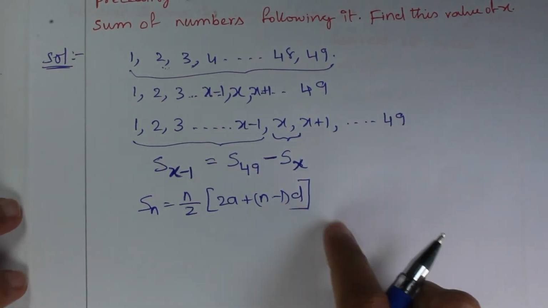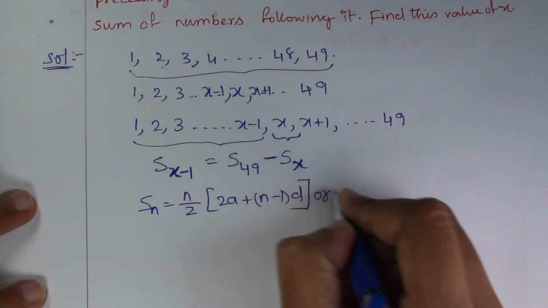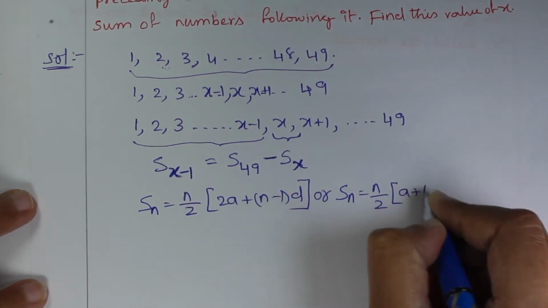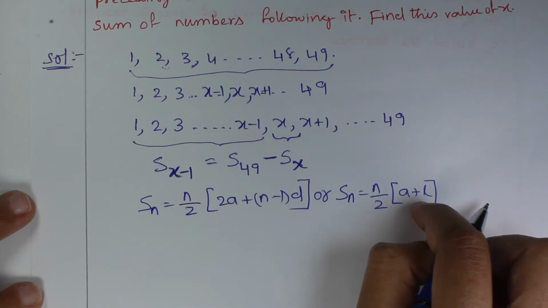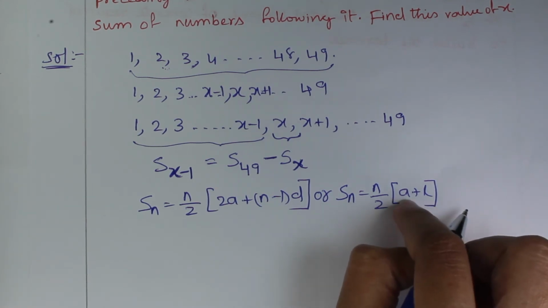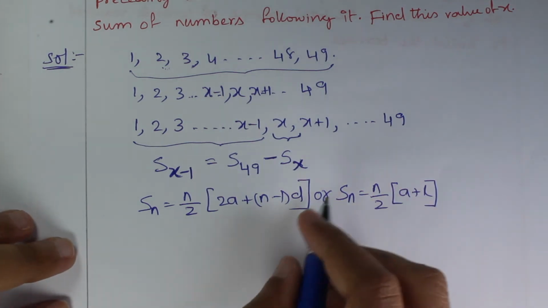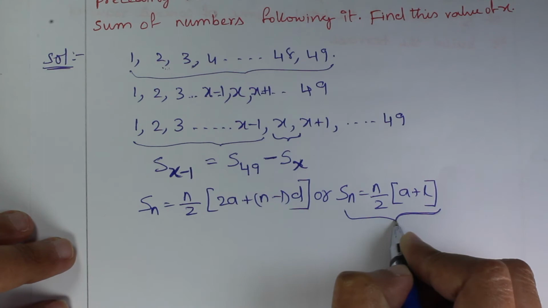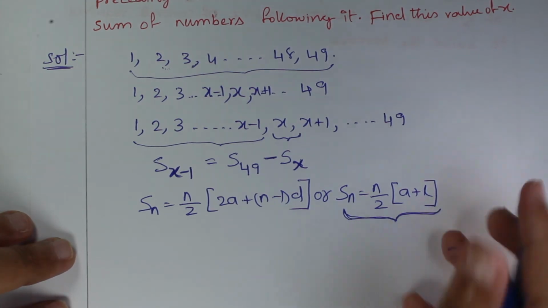Or there is another formula for Sn: Sn is equal to n by 2 into a plus L. Here L is the last term in the series, n is the number of terms, and a is the first term. Here we are going to use the formula Sn equals n by 2 into a plus L, because it makes our calculation simple.